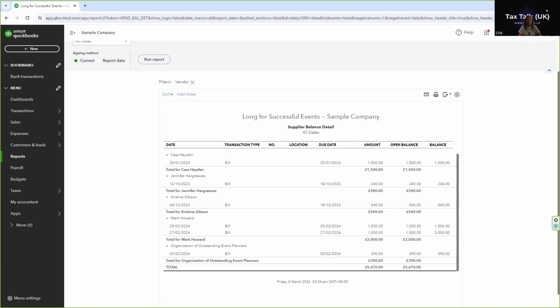So this is fairly straightforward and simple. But of course, what we can see is that there are two processes involved in this transaction. We enter the bill and then we match the bill. And there may be times when that is important.